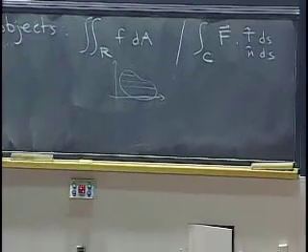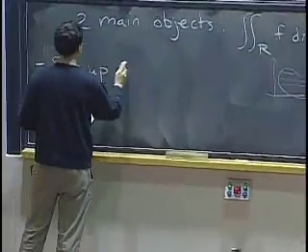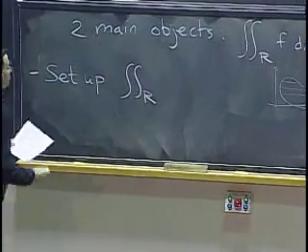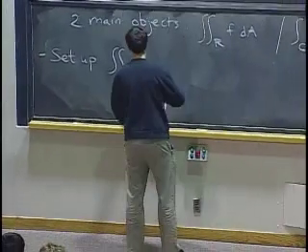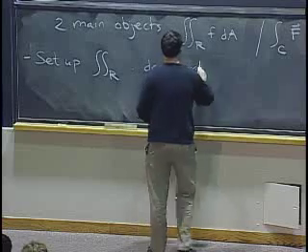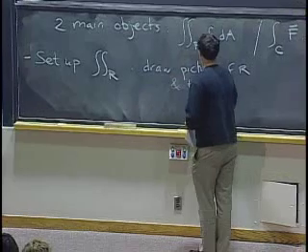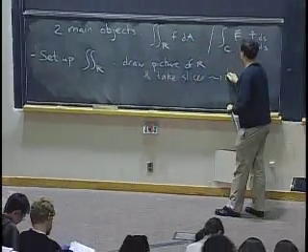So the first topic will be setting up double integrals. And so remember, maybe I should make this more explicit. We want to draw a picture of R and take slices in the chosen way so that we get an iterated integral.